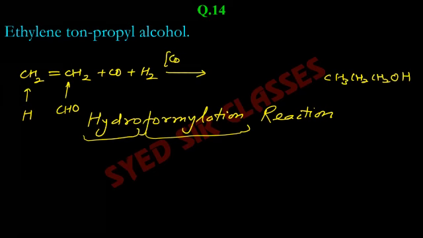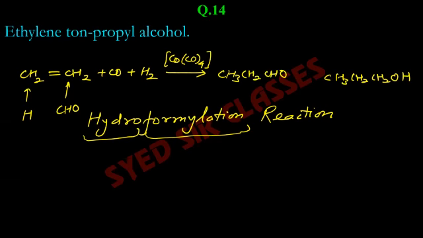Most of this has been removed from CBSE. Complex compounds are used as catalysts, very good catalysts. This adds hydrogen and aldehyde, and we get CH3 CH2 CHO. On this carbon, hydrogen got added. On this carbon, CHO got added.